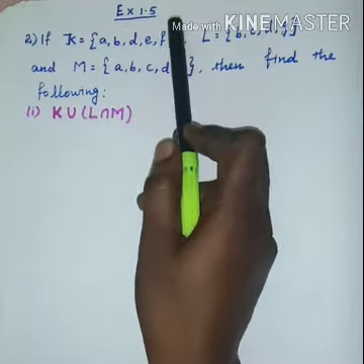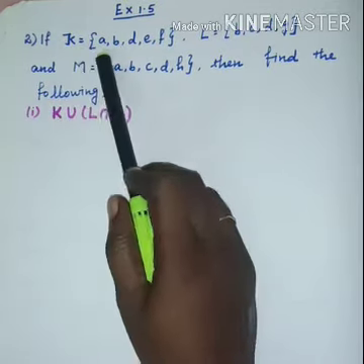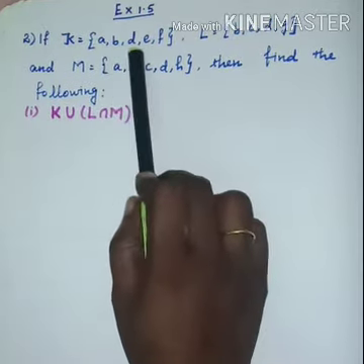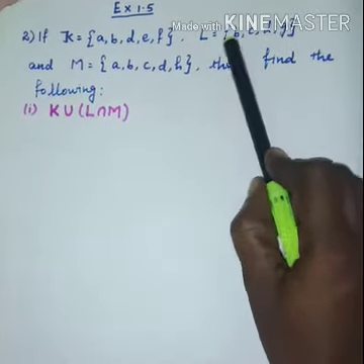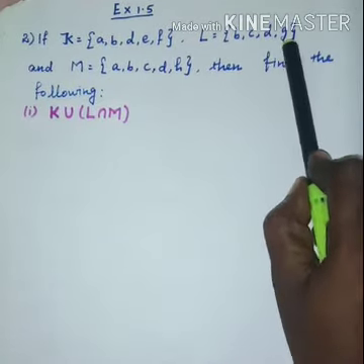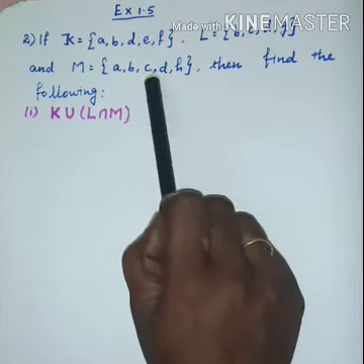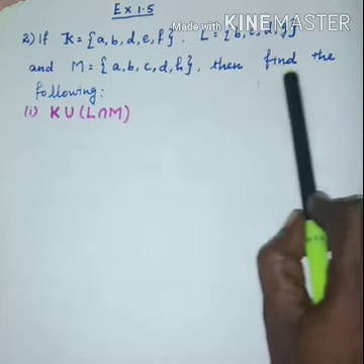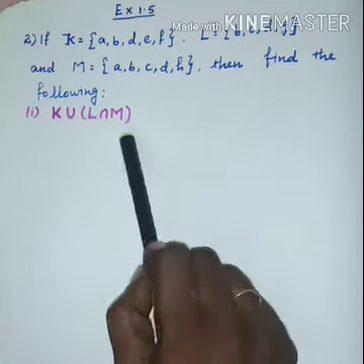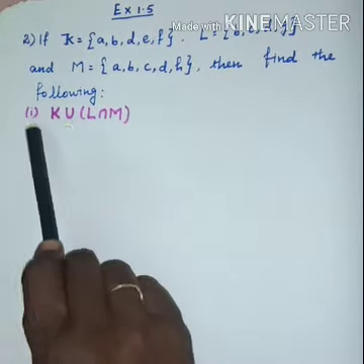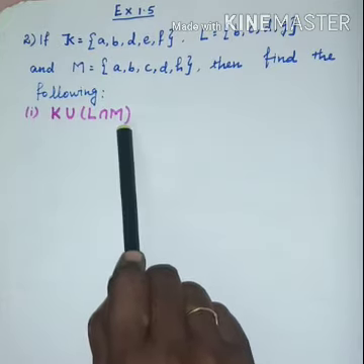If K is equal to the set A, B, D, E, F and L is equal to the set B, C, D, G and M is equal to the set A, B, C, D, H, then find the following. The second sum has 4 subdivisions. This is the first subdivision, K union (L intersection M).